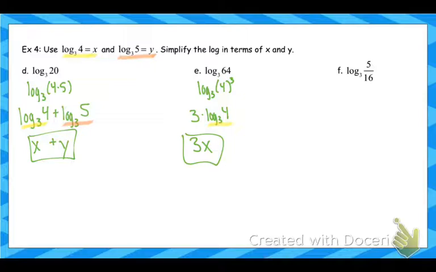All right, and then this last one. So log base 3 of 5 over 16. Well, this is the same thing as log base 3 of 5 divided by 4 squared, or 4 times 4, whichever way you want to do it. Division in the argument becomes subtraction. So log base 3 of 5 minus log base 3 of 4 squared. Move your exponent to the front.